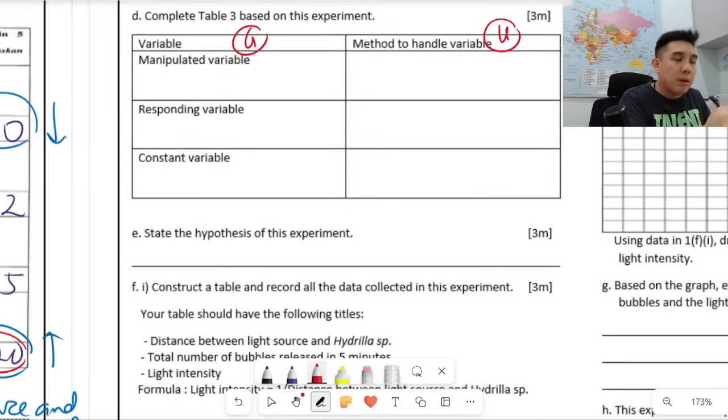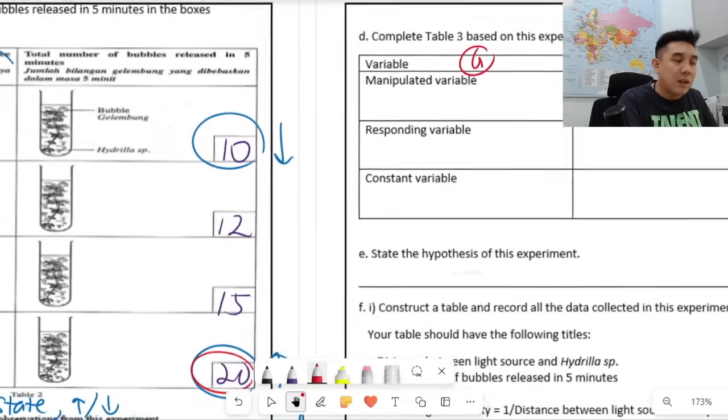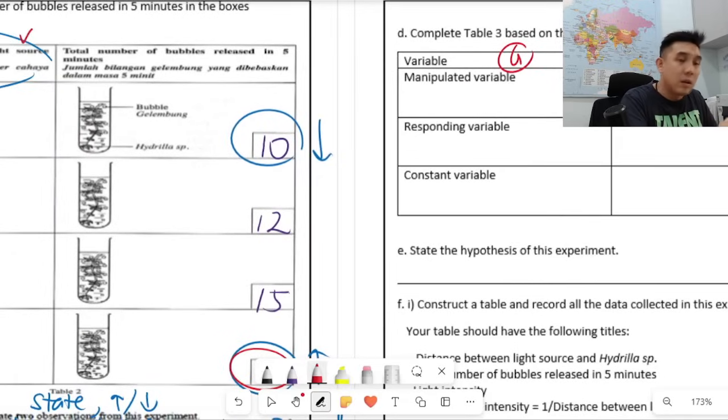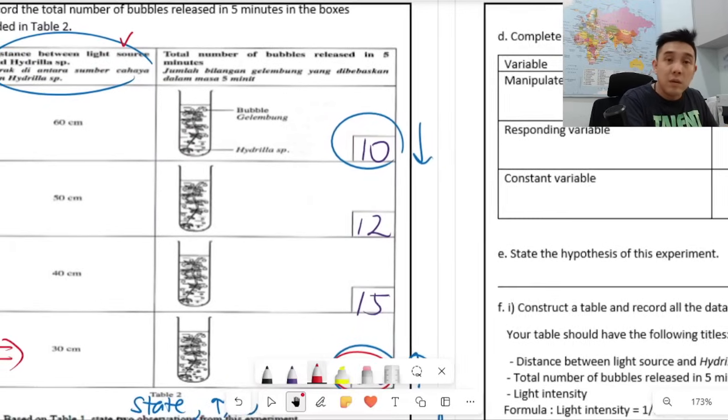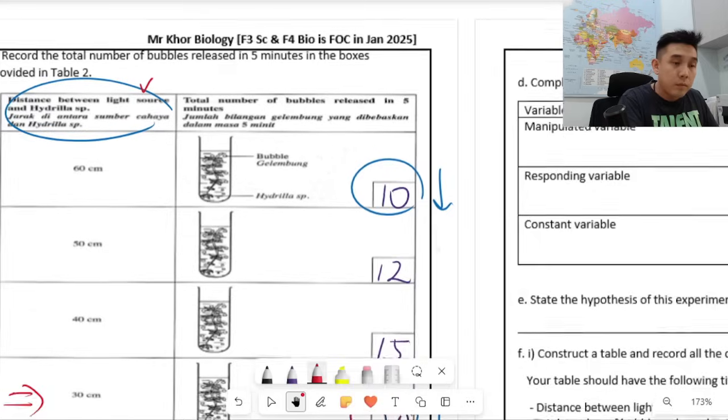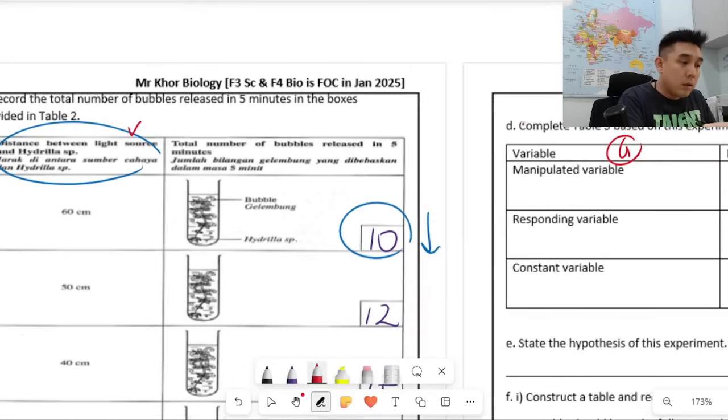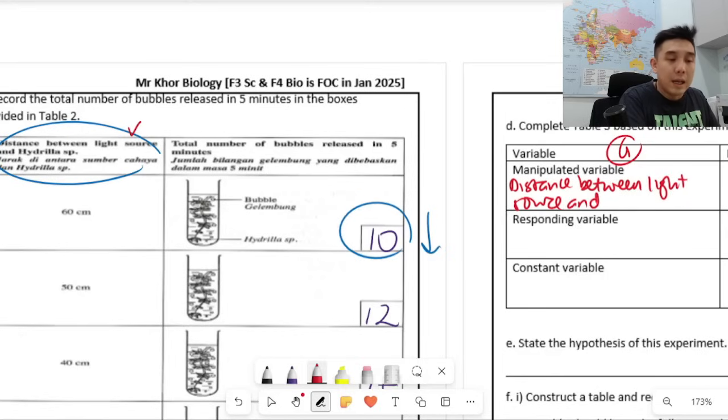So very simple, manipulated variable, just take this distance between light source. Guys, distance between light source and hydrilla.